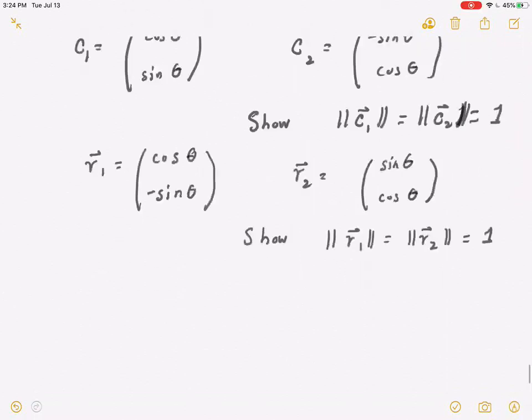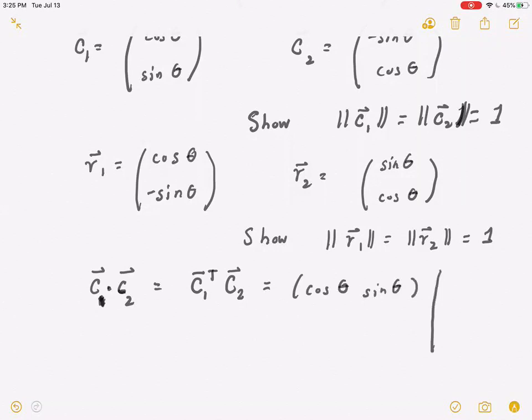The next observation you can make is that if you ask what happens when you take the dot product of column 1 with column 2, that's just the transpose of the matrix C1 times C2. And that is exactly a cosine of theta, sine of theta for the first matrix.